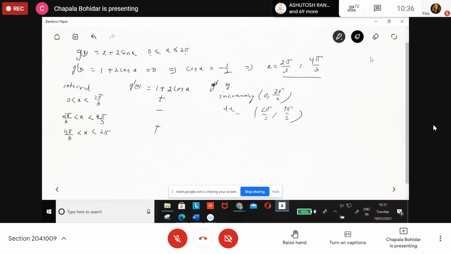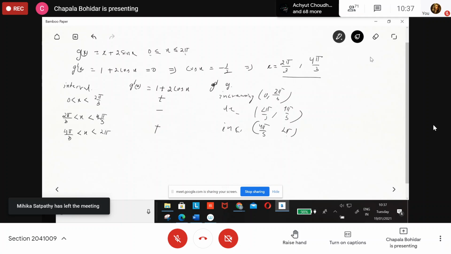It is again increasing over the interval 4 pi by 3 to 2 pi. Clear? So find out the local maximum and local minimum. First increasing, then decreasing, then increasing.